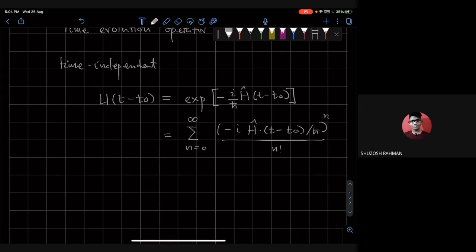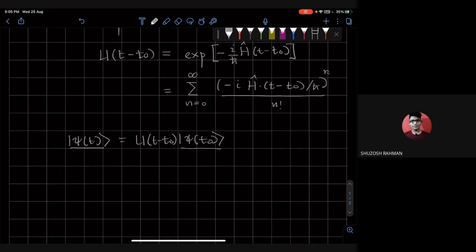And what does U do? If you have a state at some particular time, say at t0, then when you apply U onto that state, it evolves that state to a state in the future. And that's why it's called the time evolution operator.